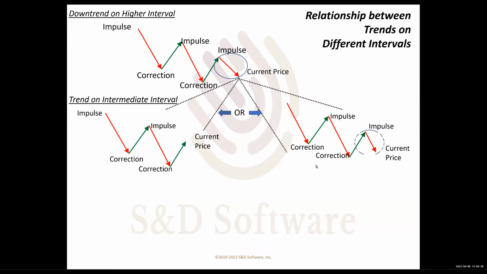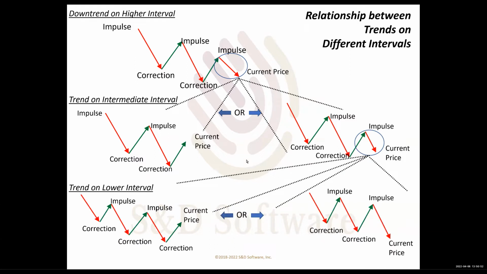So we'll take the easy case first. We'll look at the impulse move on the intermediate interval. So if we go to a lower interval now, what should this impulse move become? It should become a downtrend on that lower interval.